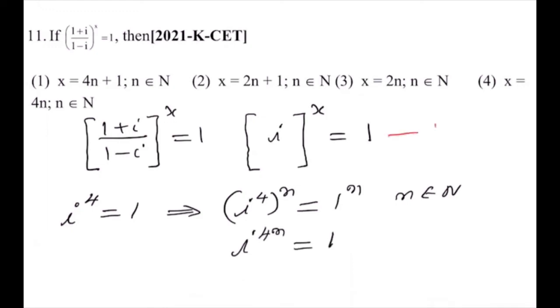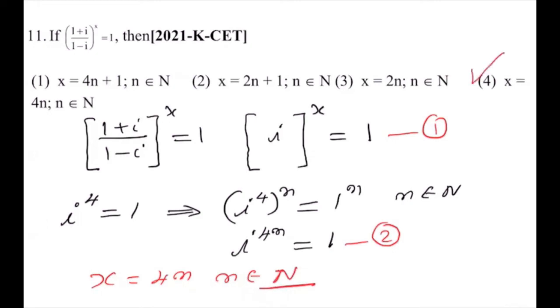Compare equation 1 and this equation 2. So that gives us x equal to 4n, where n belongs to the set of natural numbers. So the option is the fourth option.